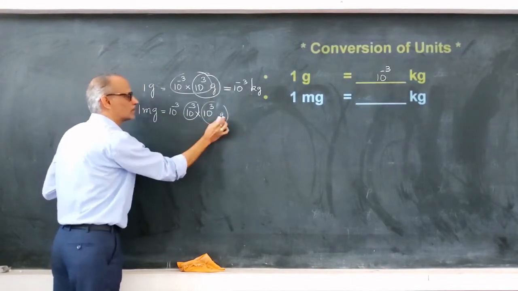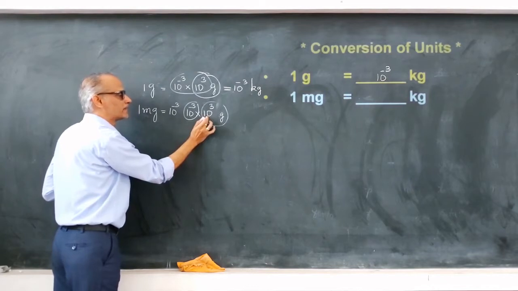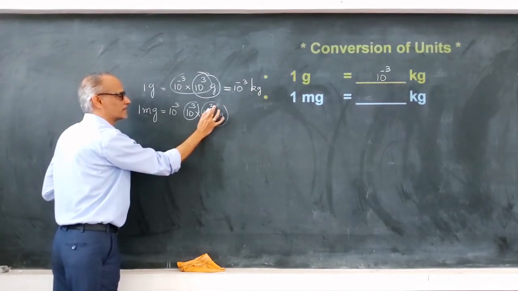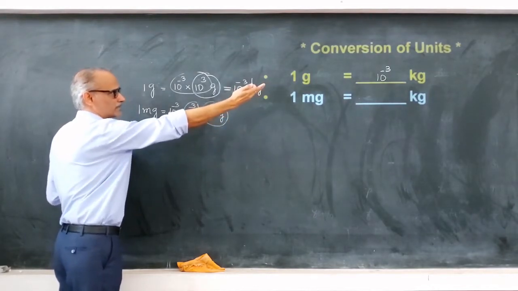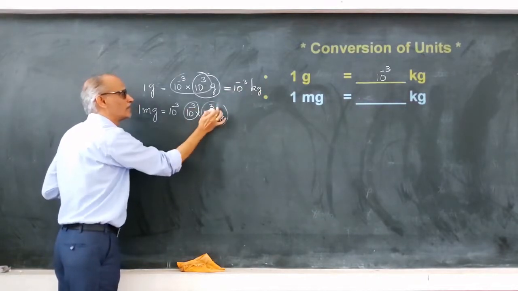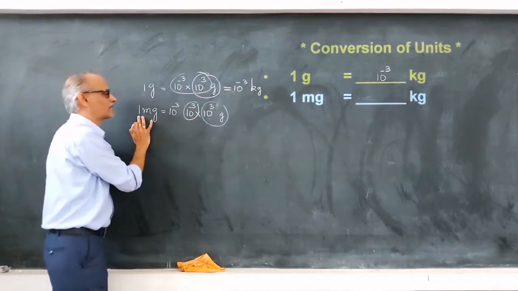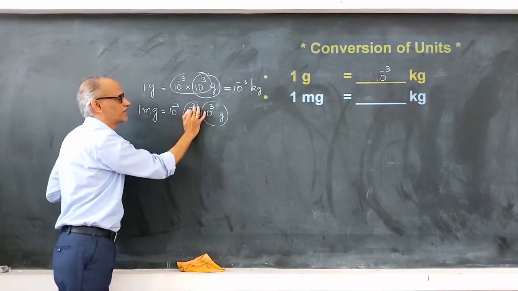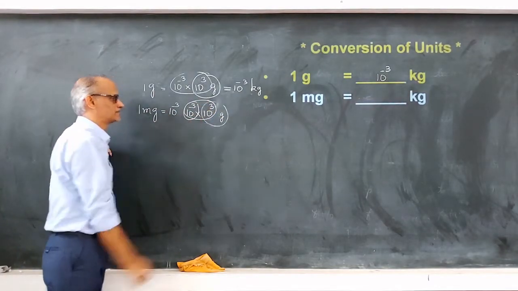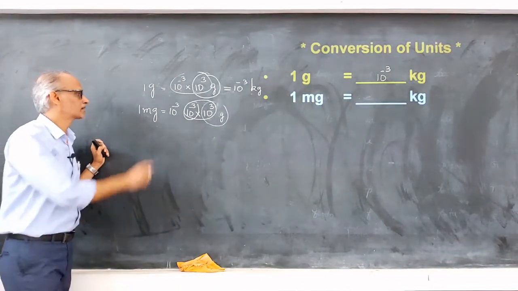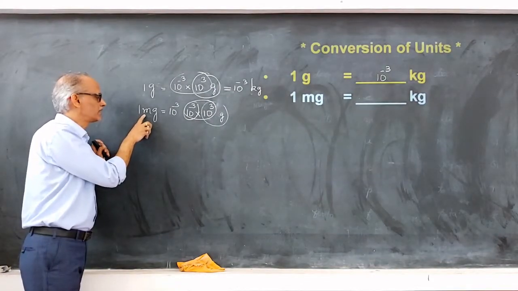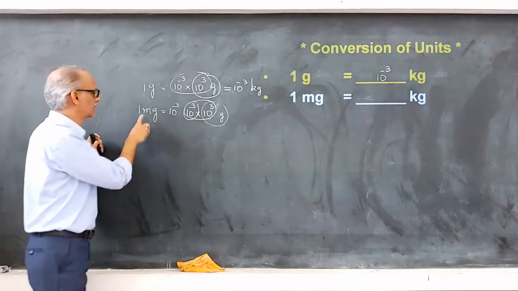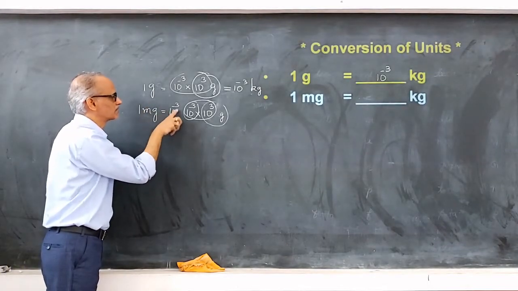To get kilogram, I need to write 10 to the power plus 3, correct? Because finally that is what we have to convert, right? 10 to the power plus 3. But if you just write 10 to the power plus 3, the value changes. So how to get the same number 1? By multiplying by 10 to the power minus 3. Now this will give you the value 1, clear? But in the given data, there is already 1 milli. And because of that, I have to do the conversion. That is 10 to the power minus 3.